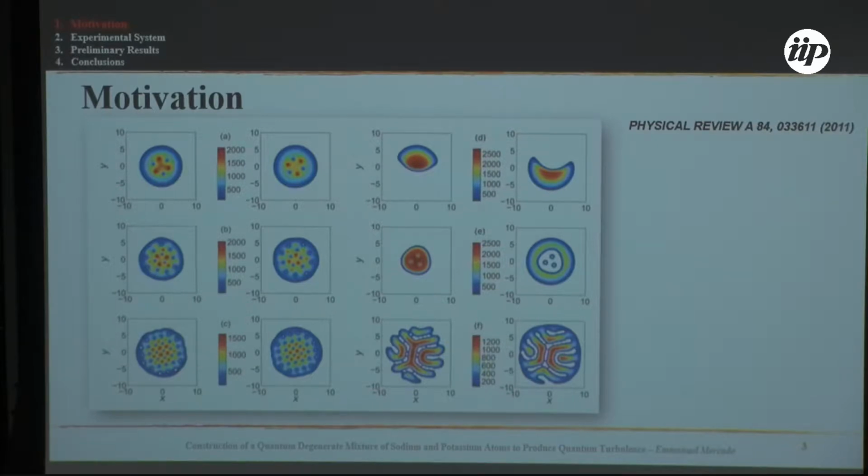When the phases of each component overlap, we have the vortex in the two components in the same place. But if the interaction is repulsive, we can see the phase separation between a vortex lattice in one species, and we see the other species localized in the vortices of the first species.